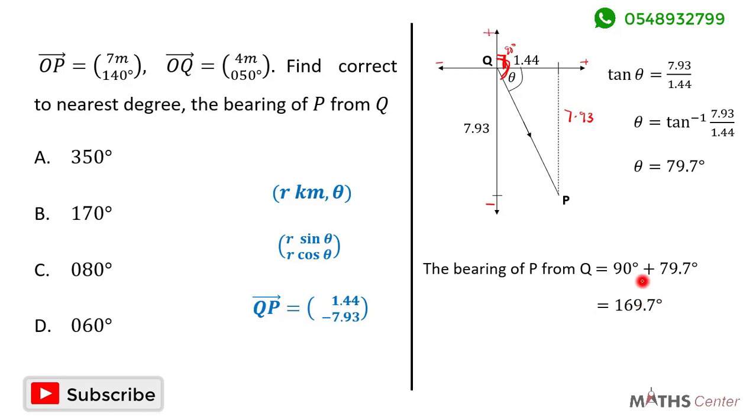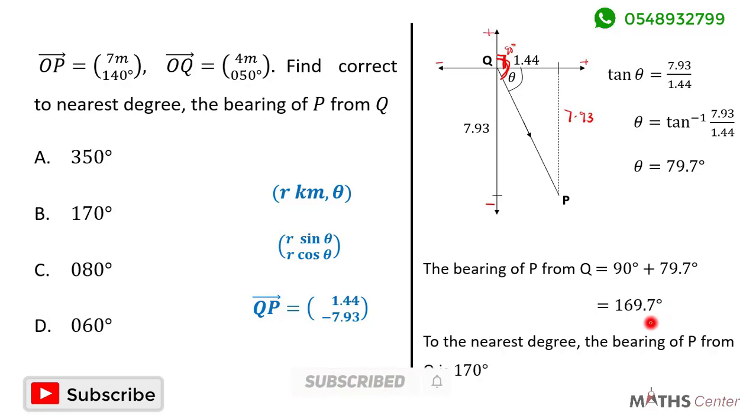Remember, the question said we should correct our answer to the nearest degree. If we correct 169.7 degrees to the nearest degree, we are going to have 170 degrees. So the bearing of P from Q is 170 degrees. When you look through the options given to us, we can see that the correct one is B.